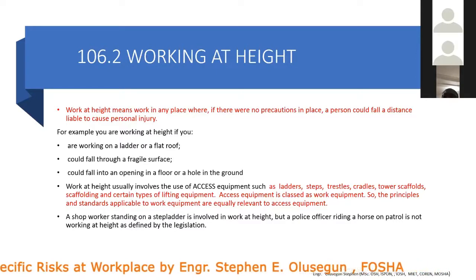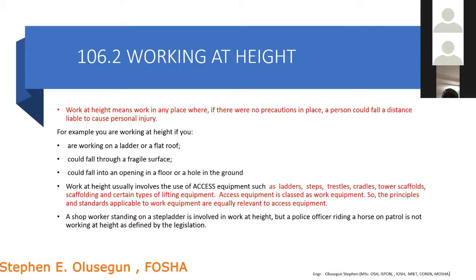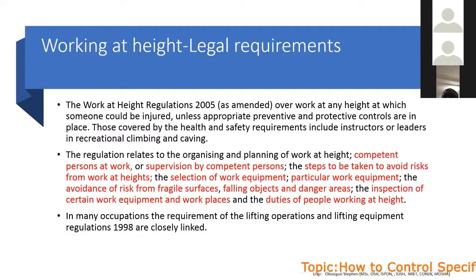So the principle and standard applicable to work equipment are equally relevant to access equipment. So a shop worker standing on a step ladder is involved in walk at height, but a police officer riding a horse on a patrol is not walking at height, as defined by the legislation.